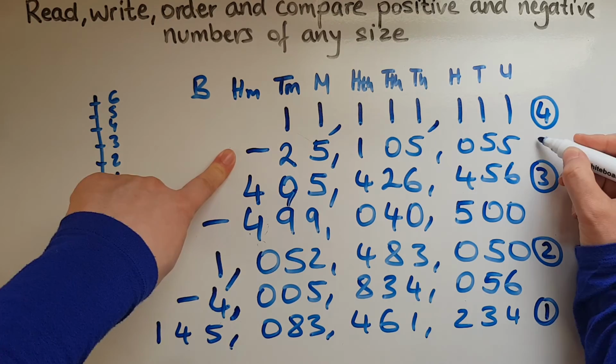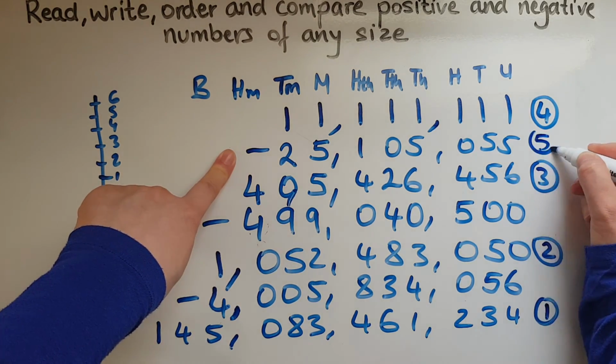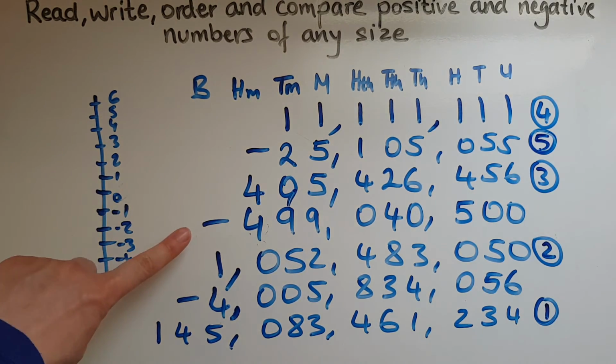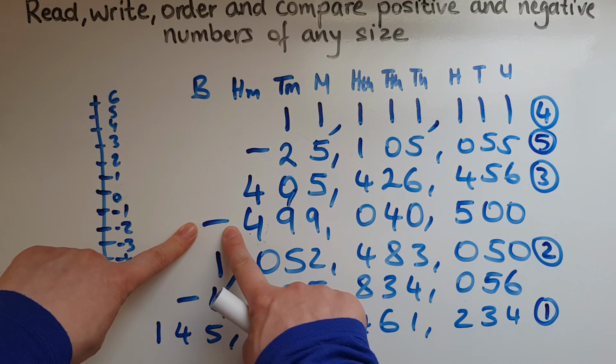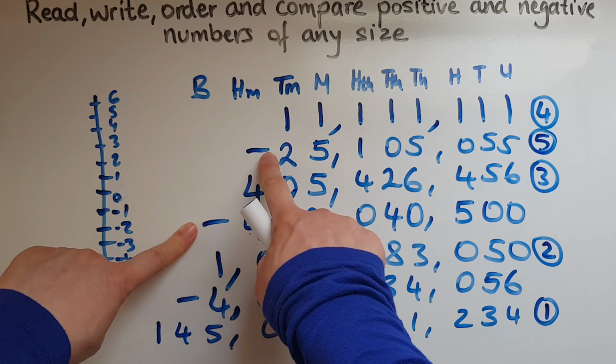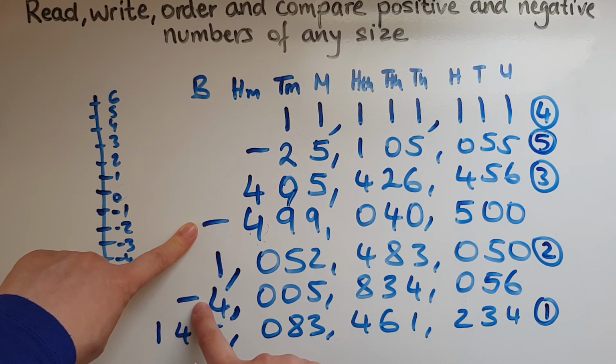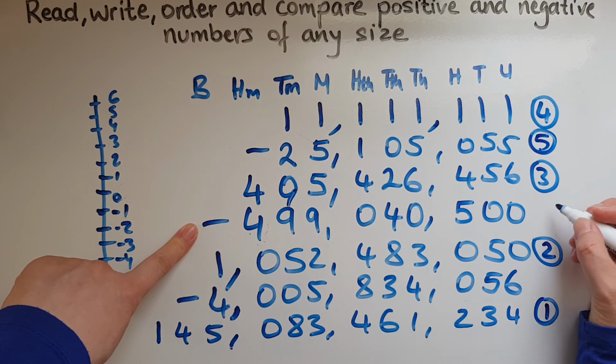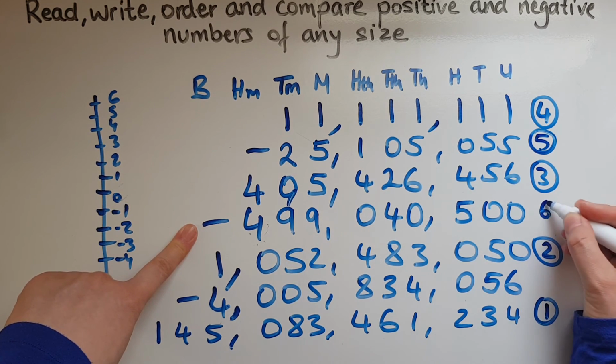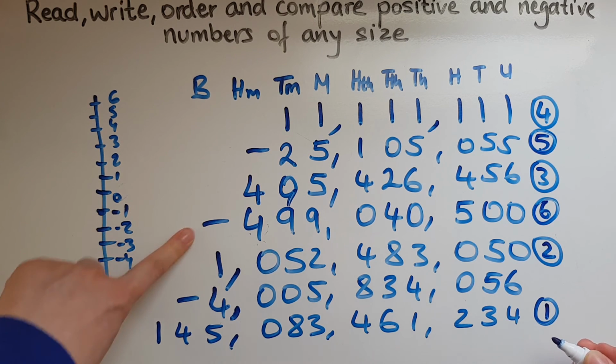So that must be the next one, the 5th one. And then will come this one because it has more digits than this, but it has fewer digits than this one. So that is number 6, so the 6th one.